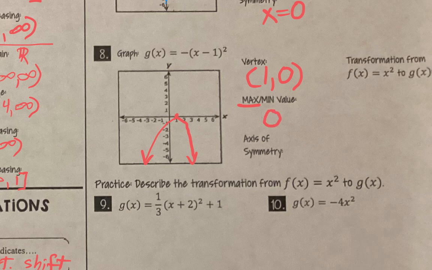Axis of symmetry. What's the vertical line that goes through my vertex? We know x equals starts it off. What is my x-coordinate of the vertex? X equals 1. And the transformation, what am I doing? I am reflecting over the x-axis.